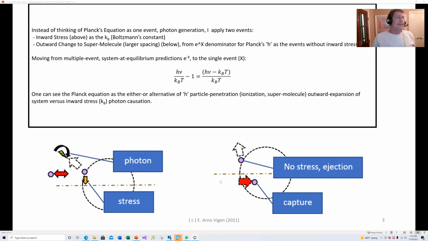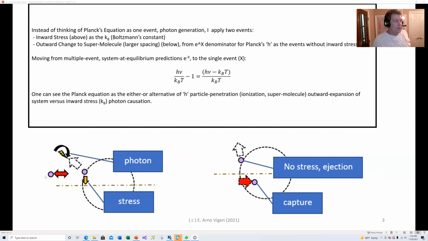Now, to do that, instead of thinking of Planck's as one event, the photon generating, I apply two events. There's an inward stress as those two molecules come bumping into each other, but also if that outer electron gets inside, for the moment you basically get a supermolecule, and it sort of gives an outward push for the combination, which is no inward stress.